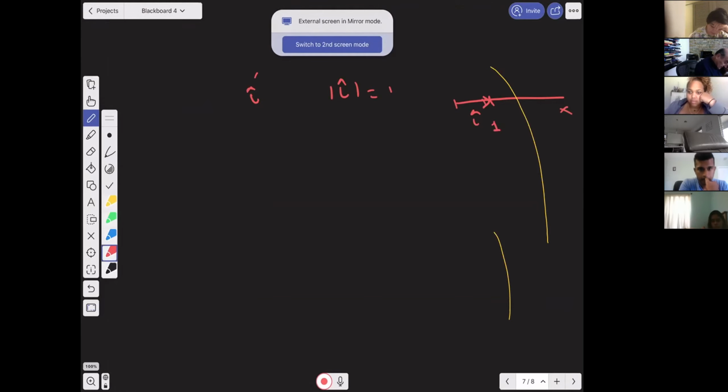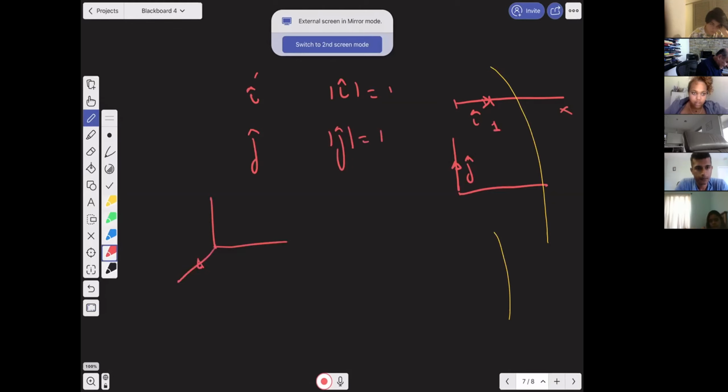It goes until the magnitude of the vector is 1. When I talk about j, I put a cap j here, and I create a vector in another direction, j. And I say that the cap means that the magnitude of j is 1. When I create k, I put I and j here and k here.